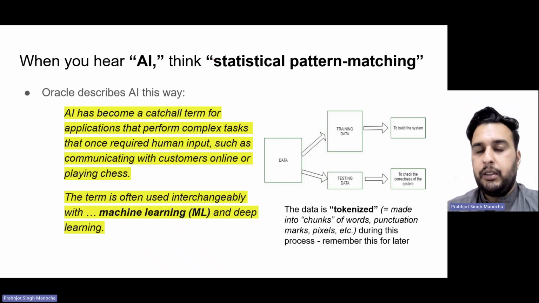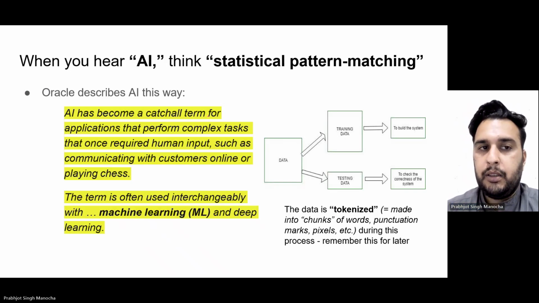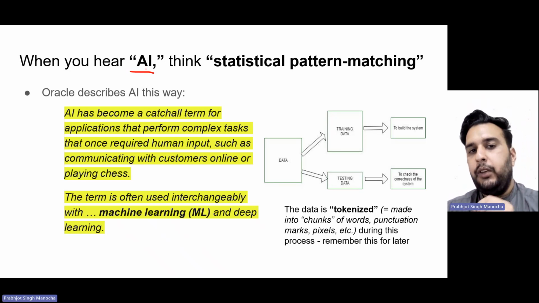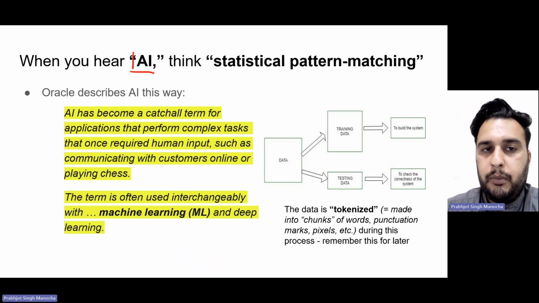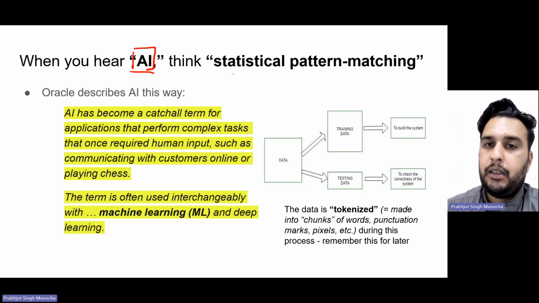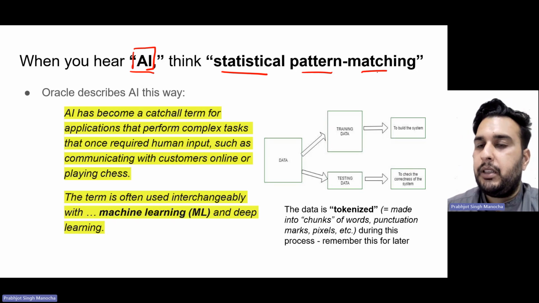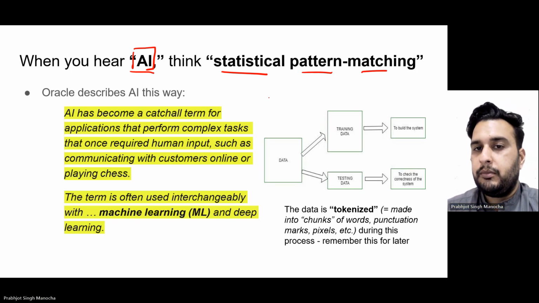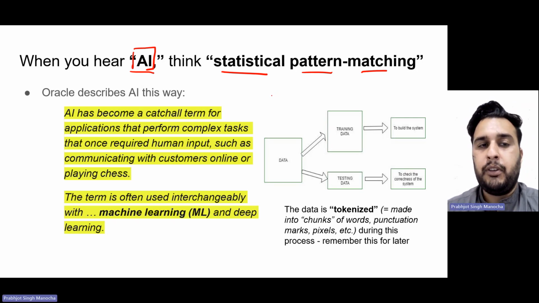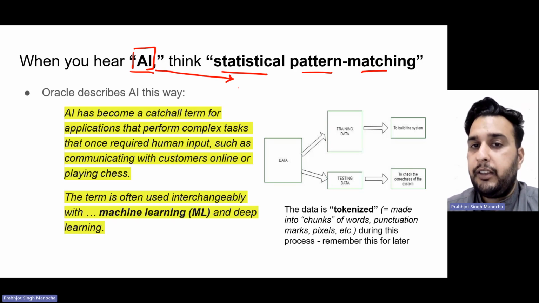Let me start with a very simple concept: when we talk about this AI, what specifically are we talking about? When we hear the word AI, think of it as statistical pattern matching. I would like to give some examples of where AI is being used.